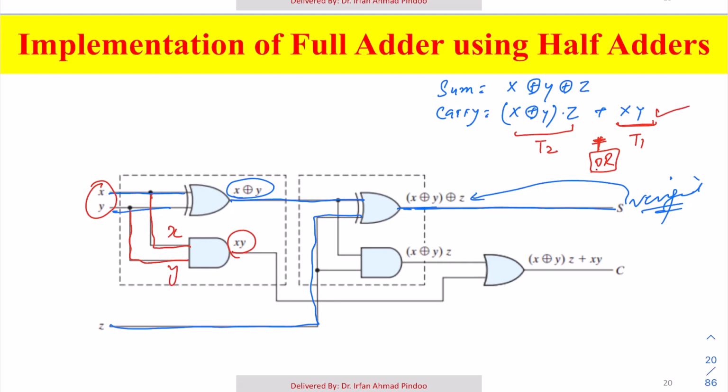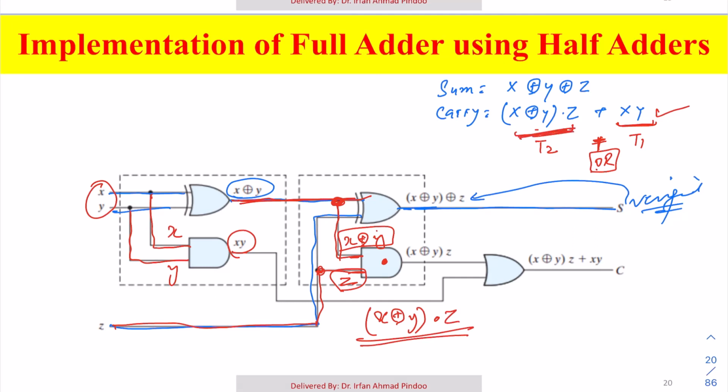Then the second term is x XOR y dot z. Please note that this line is x XOR y, so we are taking the connection from here, and from z we are taking one connection, which is z. Then we do the dot product of these two inputs, x XOR y as one input and z as the next, so we get x XOR y dot z, which is my term 2.